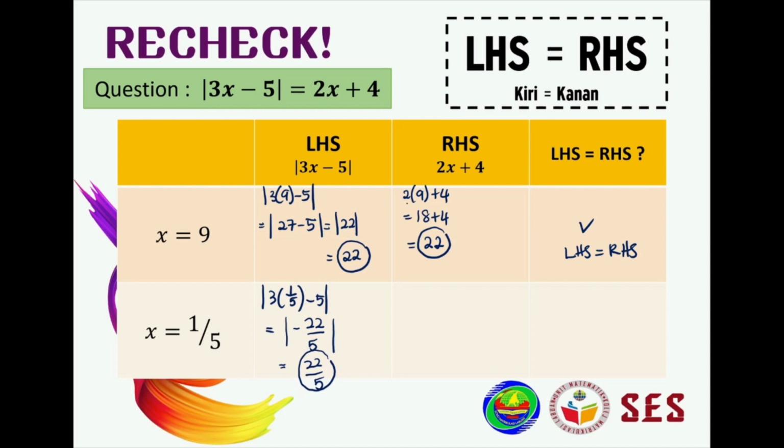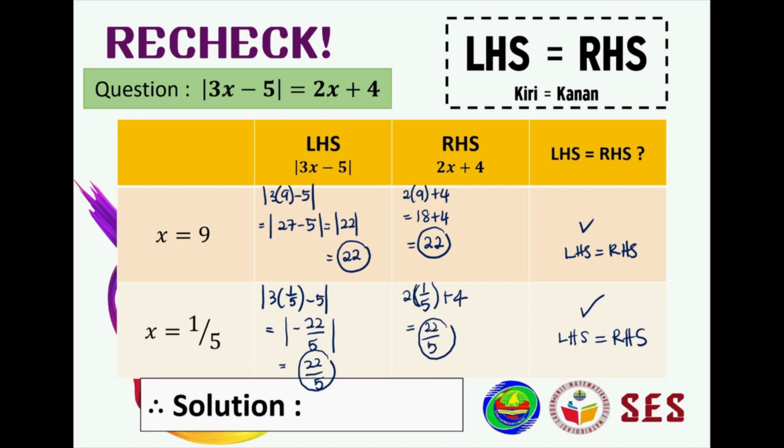And substituting 1 over 5 to my right hand side, okay, I will get 22 over 5 as well. So is my left hand side equal to my right hand side? Yes. So I will accept both of them as my answer. So the solution is x equals 9 and x equals 1 over 5.